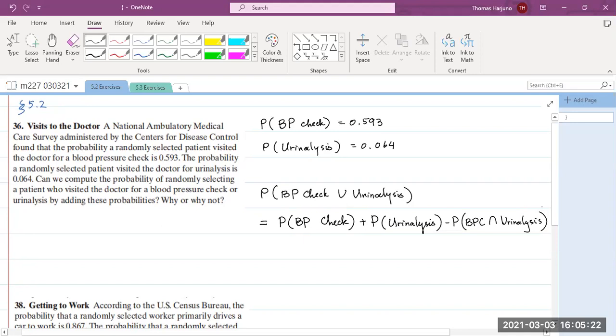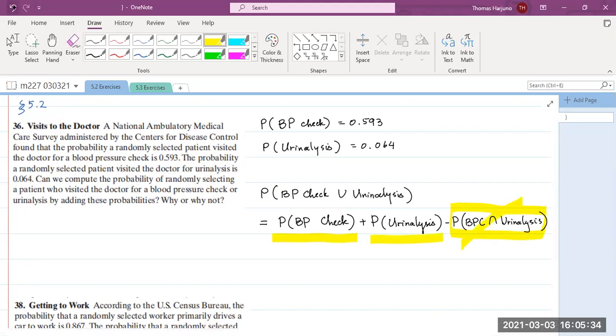Now, the question is, can we just ignore this one? Can we just add these two and ignore that part? Depends on what we know about doing BP check and urinalysis. Are they disjoint?